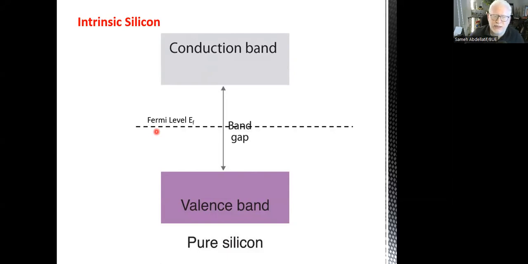This is because, as I just mentioned, for each electron moving from the valency band to the conduction band, a hole or a broken bond is created in the valency band. So the number of electrons in the conduction band equals the number of holes in the valency band, and that's why the Fermi level is typically in the middle. And by the way, as you can see from the title of this slide, we call this intrinsic material or intrinsic semiconductor.